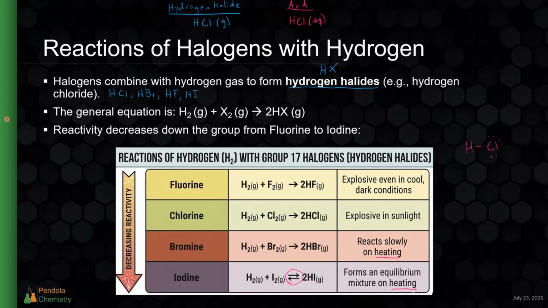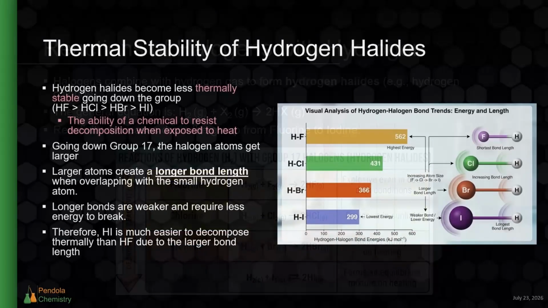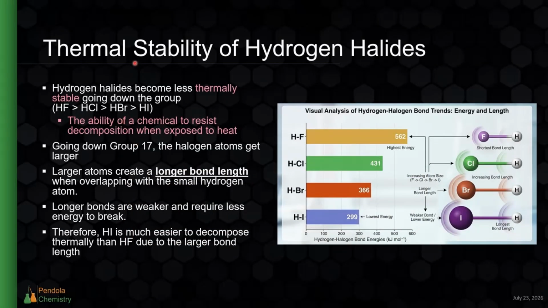Now, if we keep going here, let's talk about why this happens. We went over why in past slides, but we're going to recap a little. The reactions of the hydrogen halides, and how extreme they are, have to do with the reactivity of the halogen.